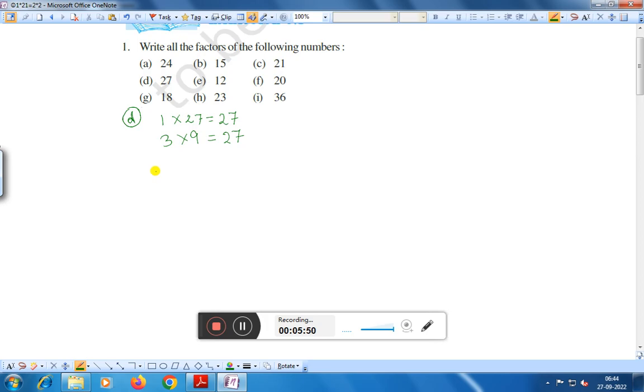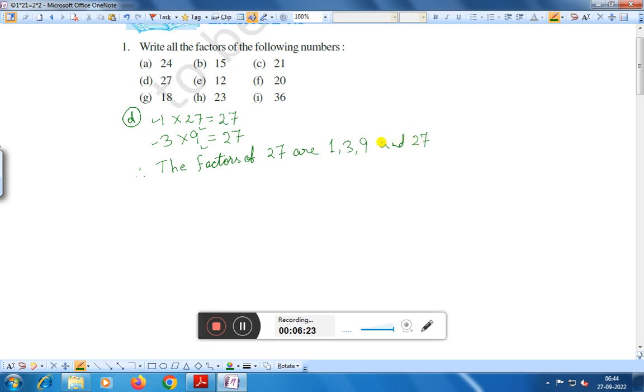No. That means the factors of 27 are 1, 3, 9 and 27. Therefore, the factors of 27 are 1, 3, 9 and 27.